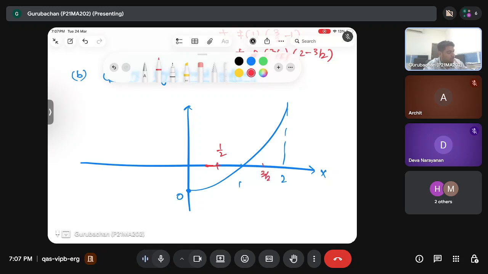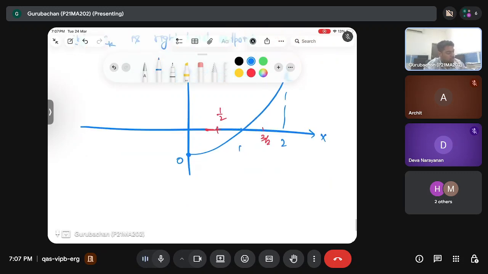Now in between, just expand that expression. What was the expression? Sum k 1 to 4 f of ck delta xk. So this can be expanded. First, what is the interval? 0 to half. So this will be half minus 0 times f of half, because we are talking about the right hand endpoint.